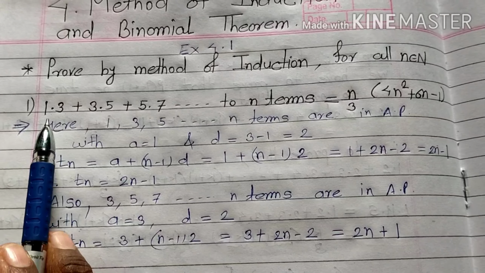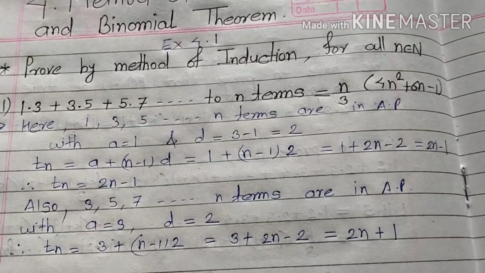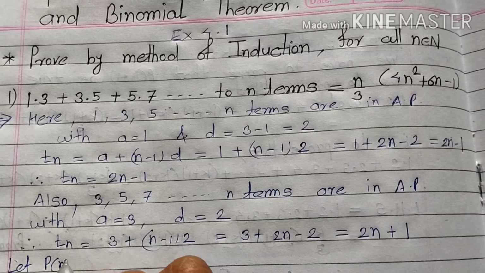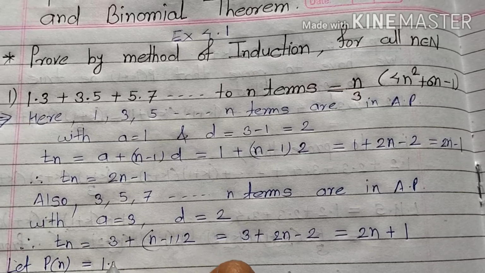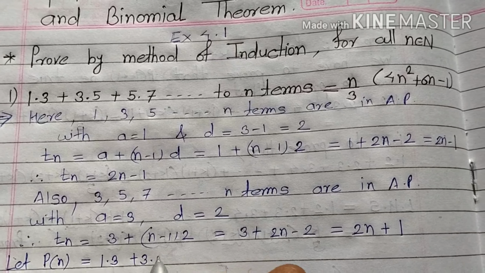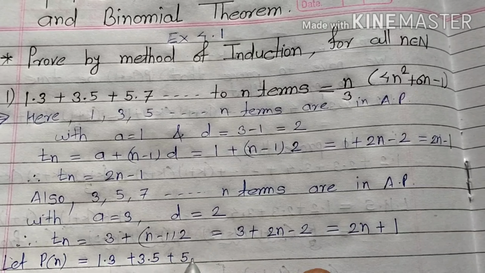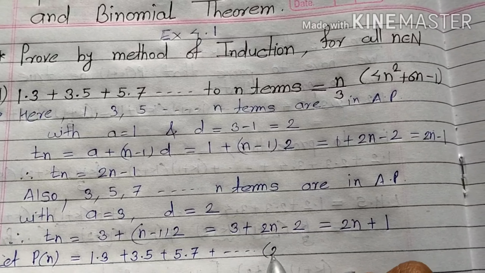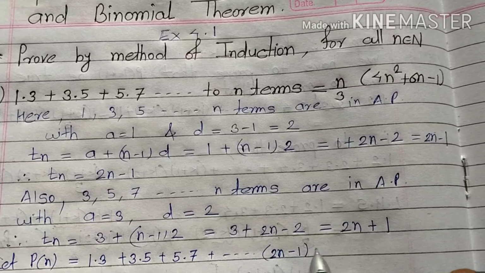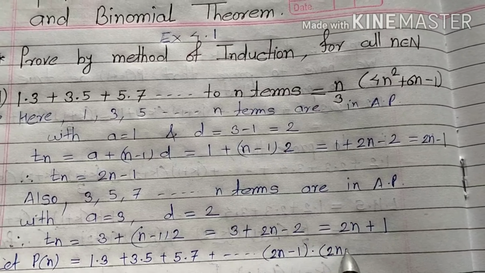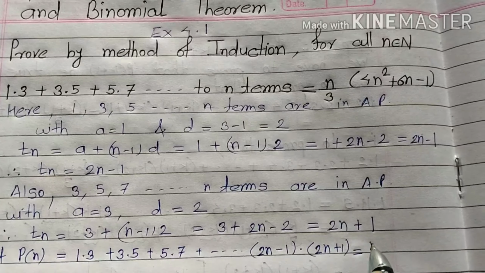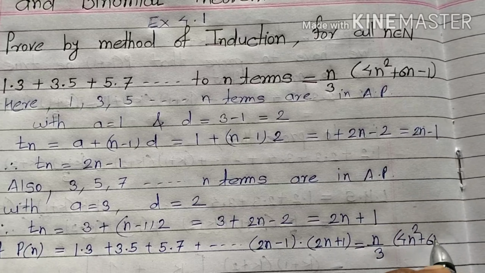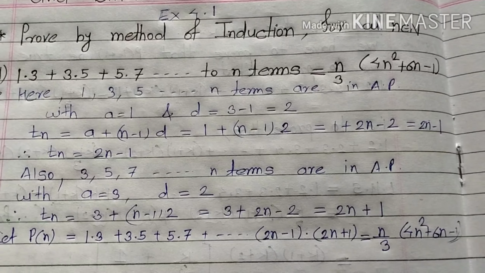So these terms are in multiplication, so here let P of n equal 1.3 plus 3.5 plus 5.7 and so on up to n terms. So here we can take this Tn, first 2n minus 1 and then the multiplying term 2n plus 1, which is equal to n upon 3, (4n square plus 6n minus 1).